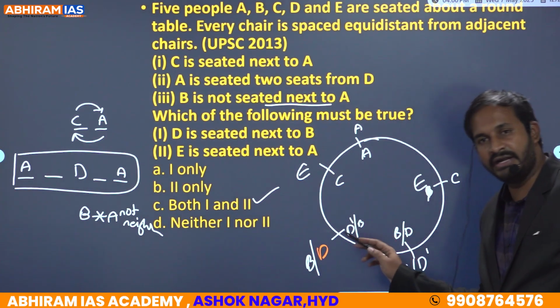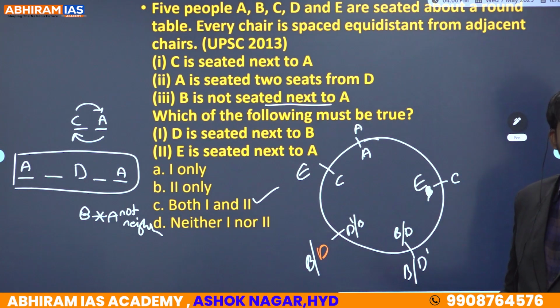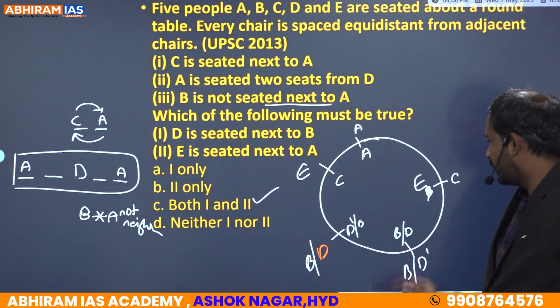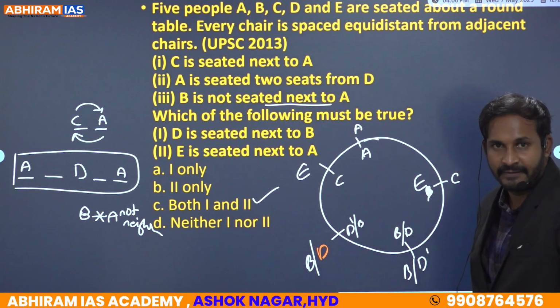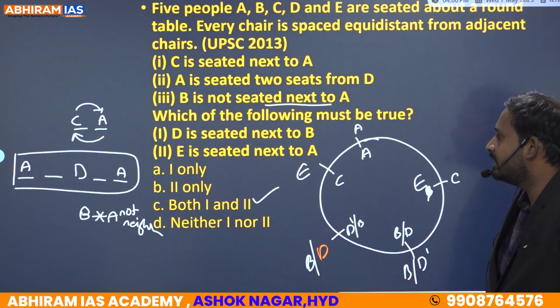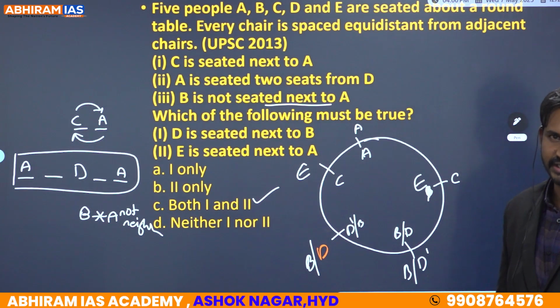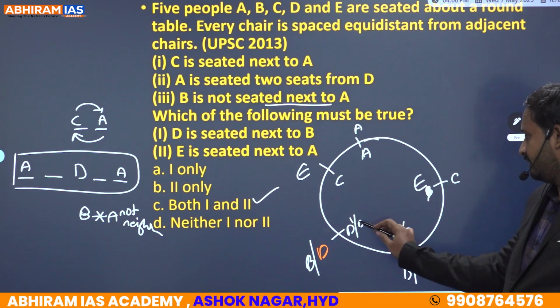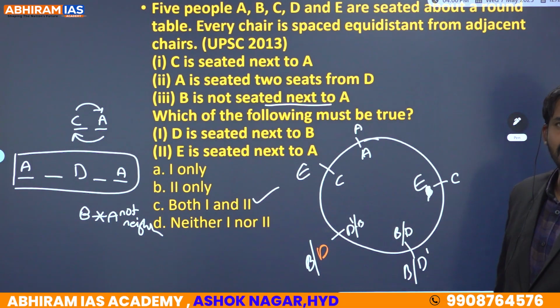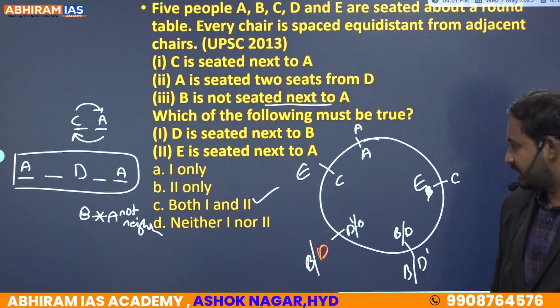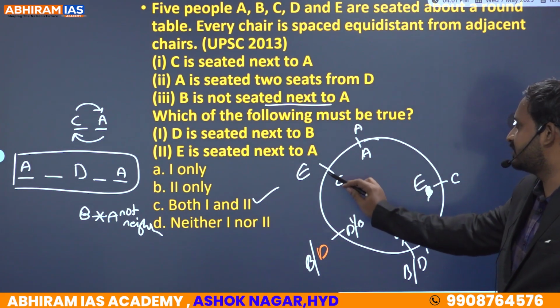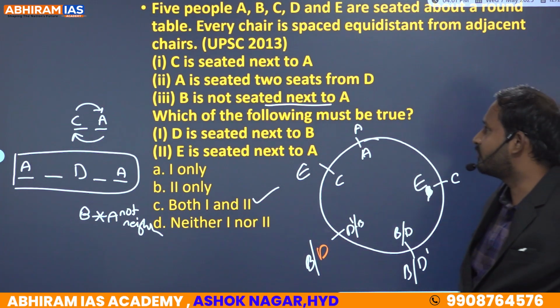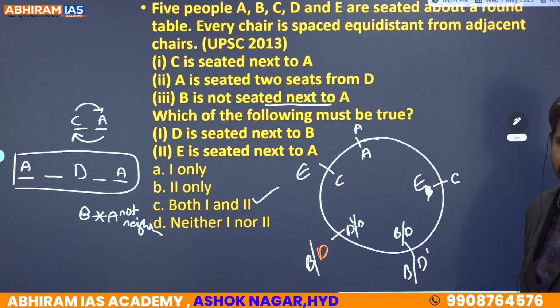Because B and D, these 2 places can be exchanged, whereas E's place is fixed here. But D is seated next to B. Anyway, if we have B here or D here, B and D are next to each other. And similarly A and E are next to each other. So here both 1 and 2 are correct for us in this case.